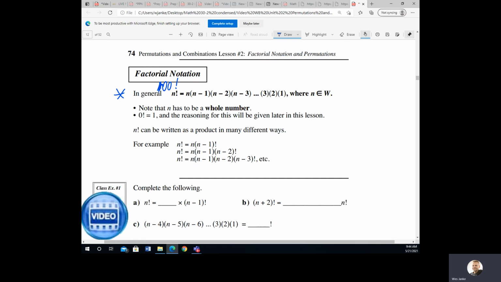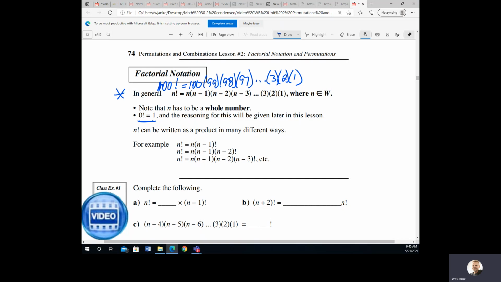So 100 factorial would equal 100 times 99 times 98 times 97, and so on until you get all the way down to 3 times 2 times 1. The other important thing to note is that 0 factorial is equal to 1.